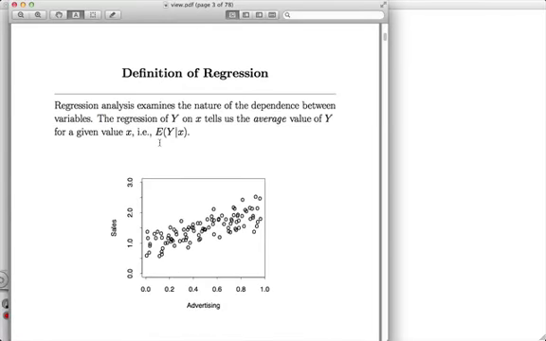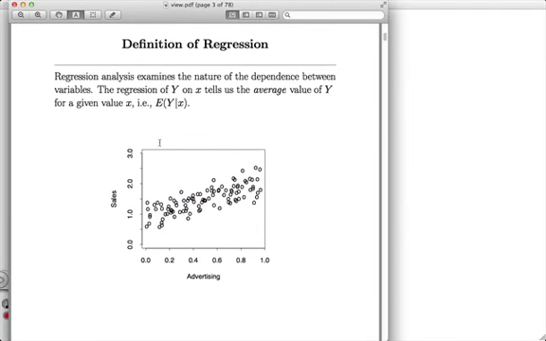All right, so what exactly is regression doing? Well, regression is really nothing more than a fancy way of computing means. Let me explain that statement a little bit further. What regression really does is it estimates a conditional expectation. It says, for a given value of x, find the mean of y.